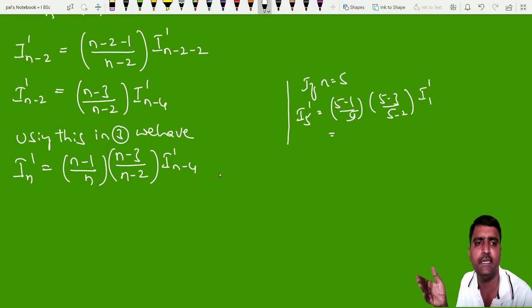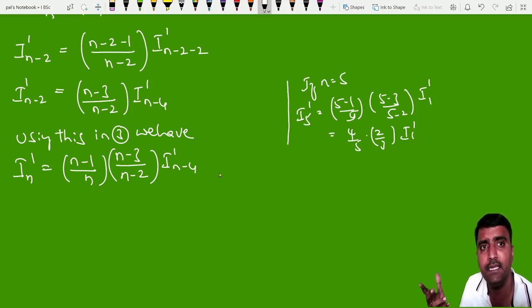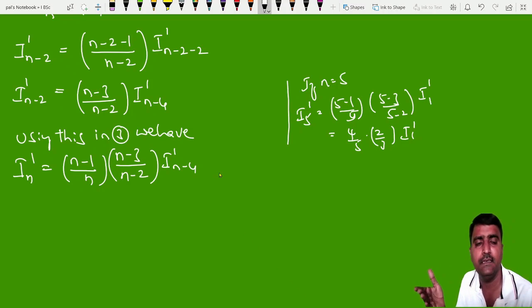So what does it give? 5 minus 1 value is 4, so it is 4 by 5 into 2 by 3 into I1 dash.